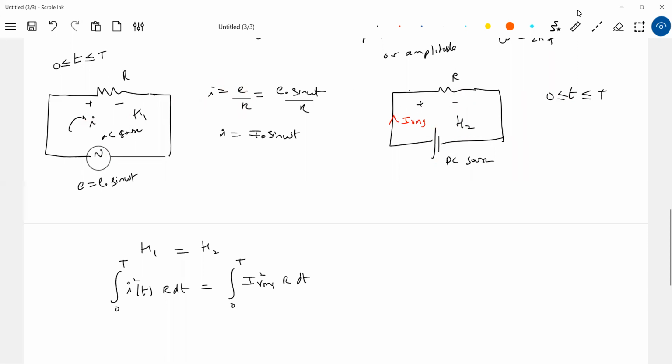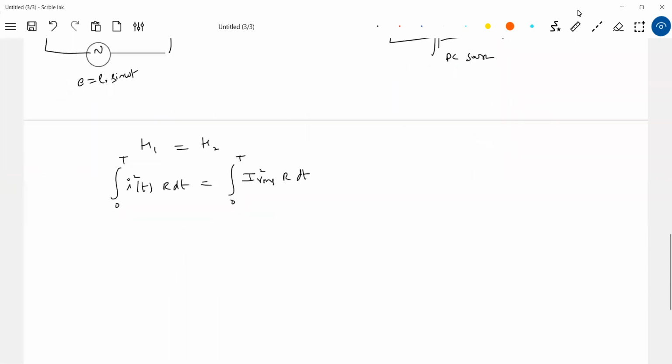So I'll call this I RMS. I RMS is a constant DC current which, when it flows across a resistor for an interval of time t, produces the same amount of heat as when AC current flows across the same resistor for the same interval of time t. So this is the definition of I RMS. Now let R get eliminated.